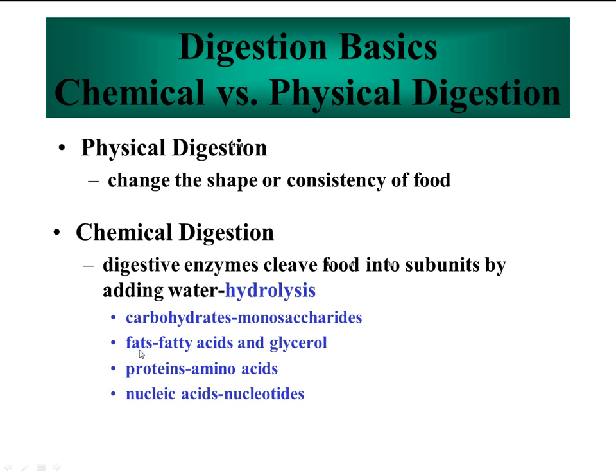It helps to break down fats into fatty acids and glycerol. Those are the components that make up fats. We've got to break them down. Proteins, we can't use the proteins directly. The proteins must be broken down into their parts, and we've heard this before, that proteins are made up of amino acids.